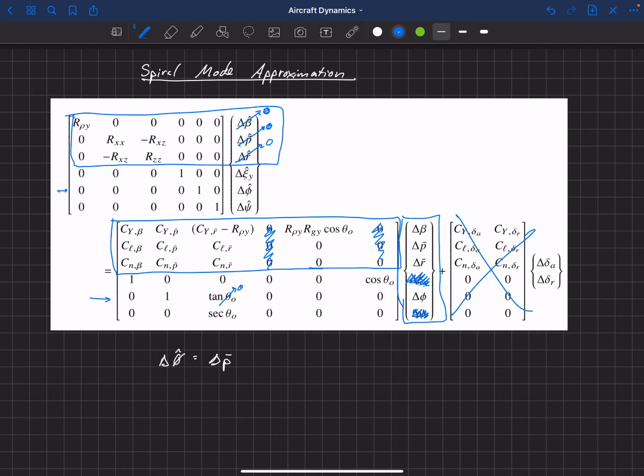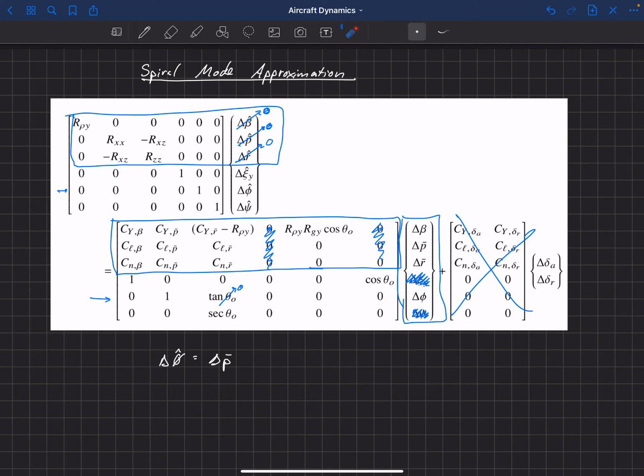It's going to be the cy beta times beta plus cy p bar times p bar plus this term times r bar plus this term. By the way, theta naught is 0, and so cosine of that is 1, so it's times delta phi. Then each of these terms times these 3, and then we could back solve. We could solve, for example, for delta beta, because these 3 equations all sum to 0, so each of those individually sums to 0.